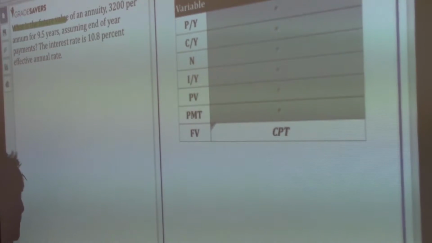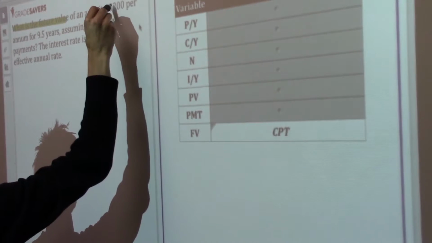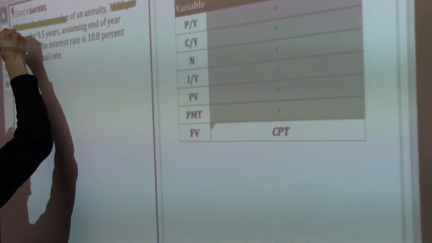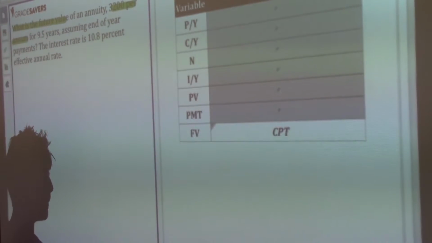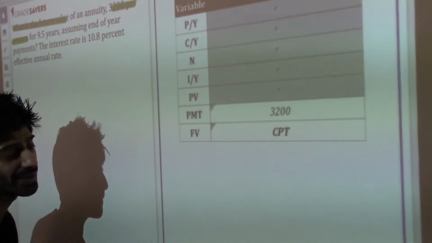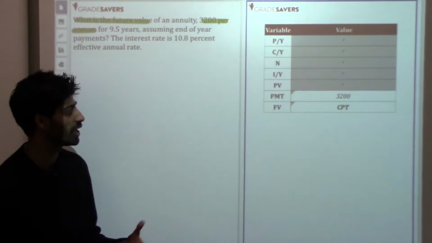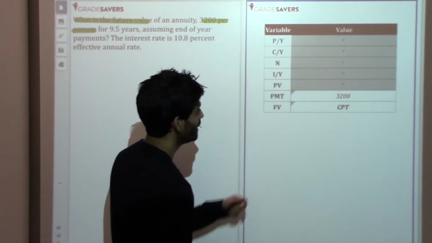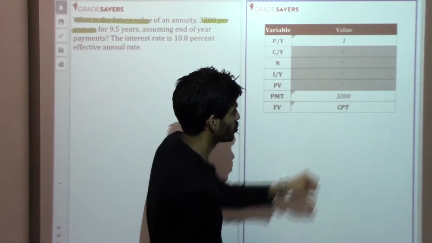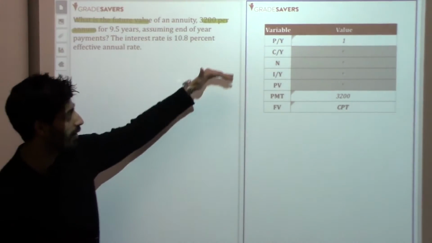It then tells us that we're dealing with an annuity of $3,200 per annum. So this is telling us two things. It is not only telling us what the value of the payment is, $3,200, it is also telling us what the timing of the payment is. It is per annum, or just one payment per year. So that makes PY be 1.